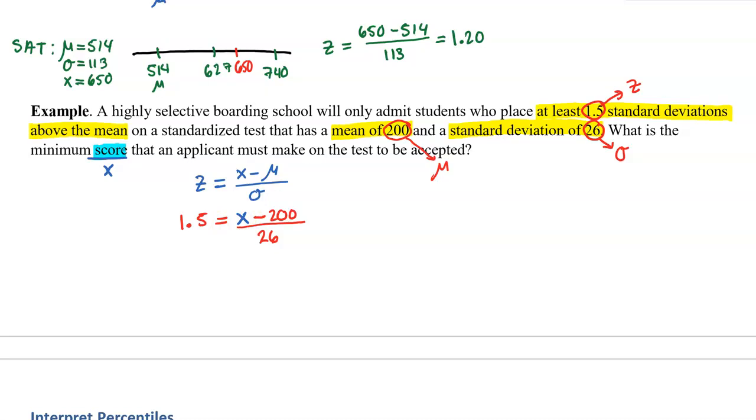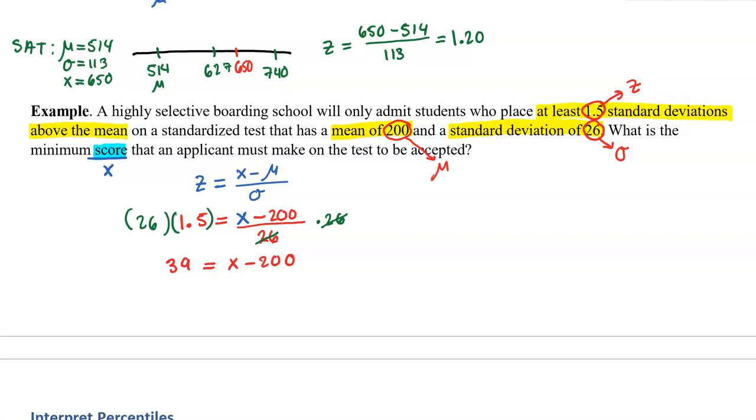So now to solve for x, we first multiply by 26, so we can cancel the 26 on the right hand side. What we do on one side, we have to do on the other. So on the left hand side, 26 times 1.5 would give us 39. And on the right hand side, we still have x minus 200.